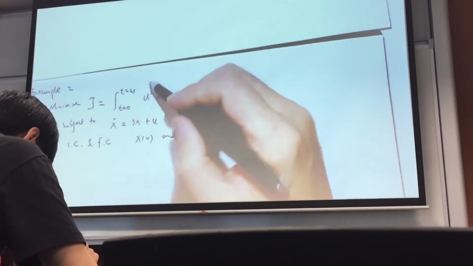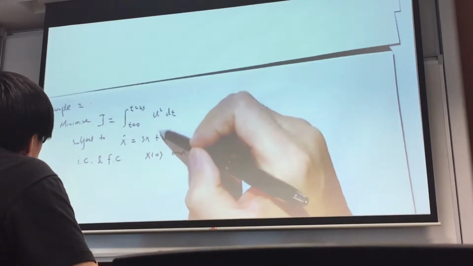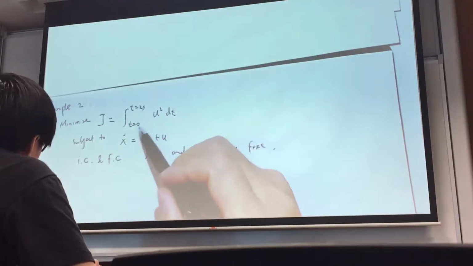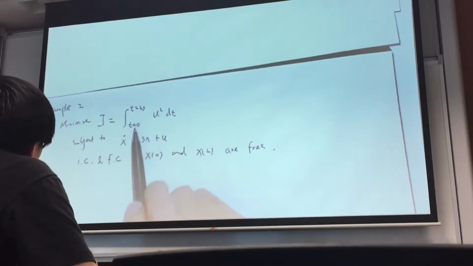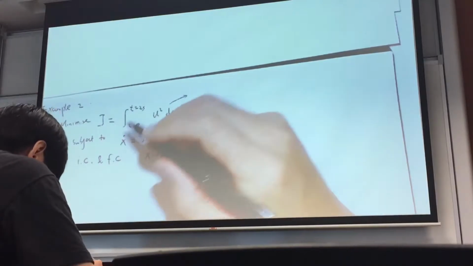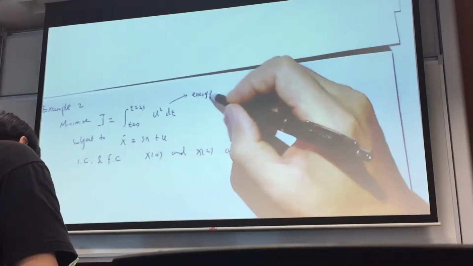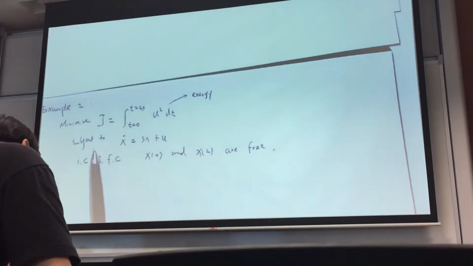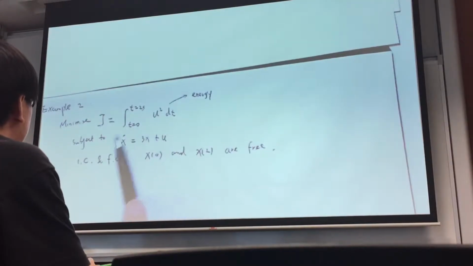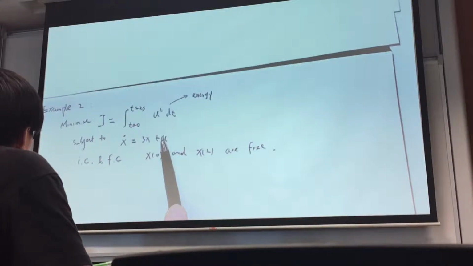Here you can understand that this represents the control energy of your input from t0 to tf, so we try to minimize control energy. And this is just the dynamics of your vehicle.